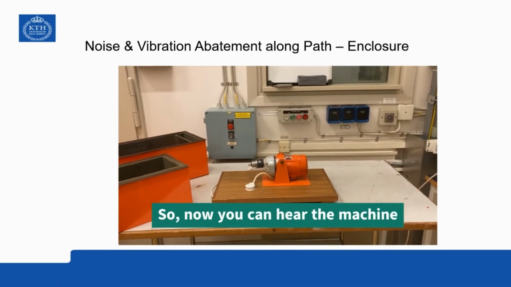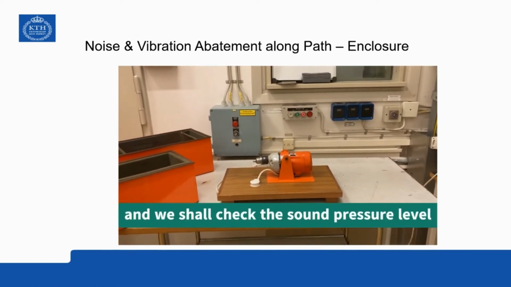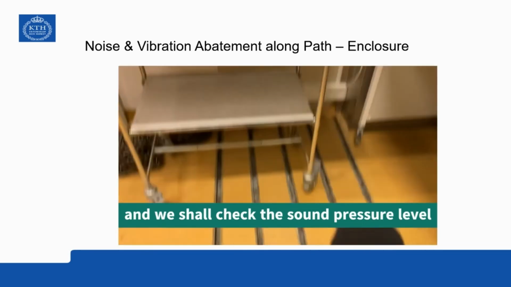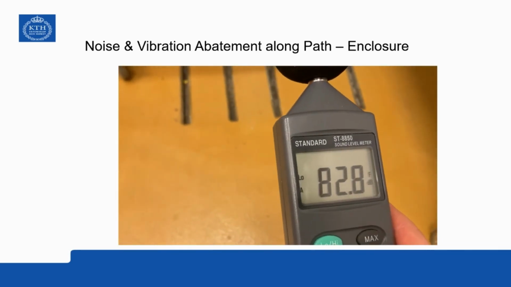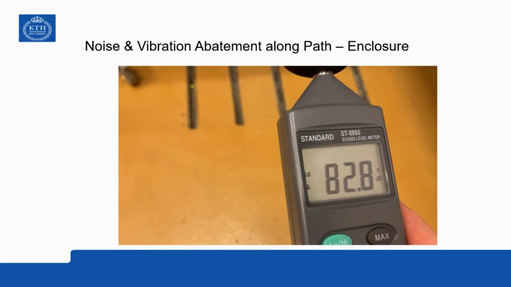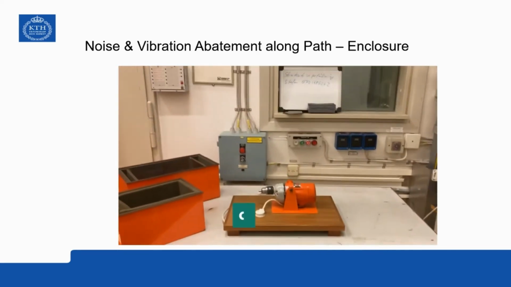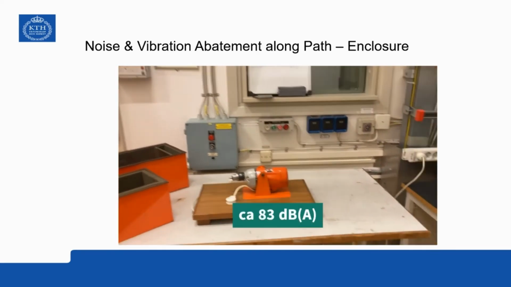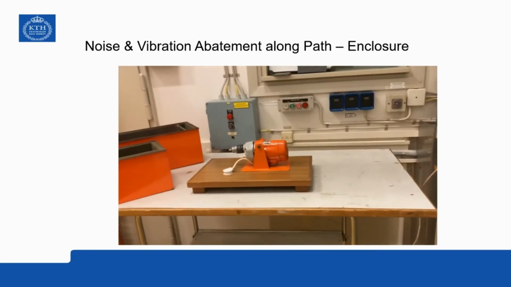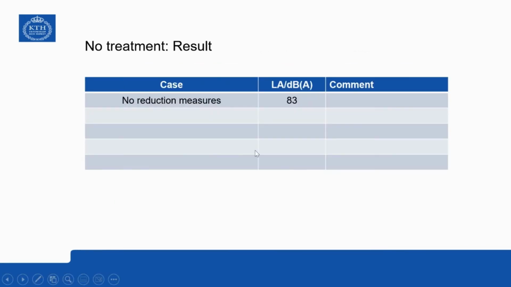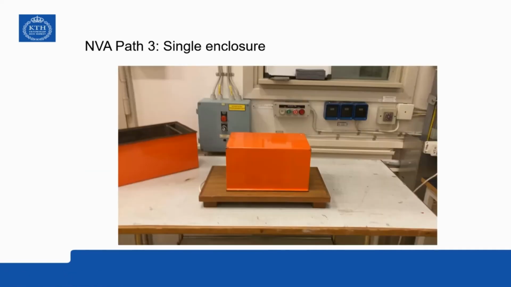So now you can hear. So 83 dBA, A-weighted sound pressure level, was the sound pressure level, the A-weighted sound pressure level with the machine in itself running.